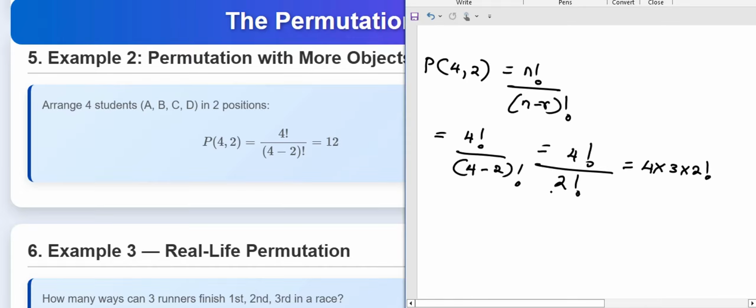I already have 2 factorial here, so I could just write 2 by 1 as 2 factorial, then divide again by 2 factorial, such that this 2 factorial goes with this 2 factorial, and I only remain with 4 by 3, which is 12. So I can arrange 2 students out of the 4 in 12 different ways.